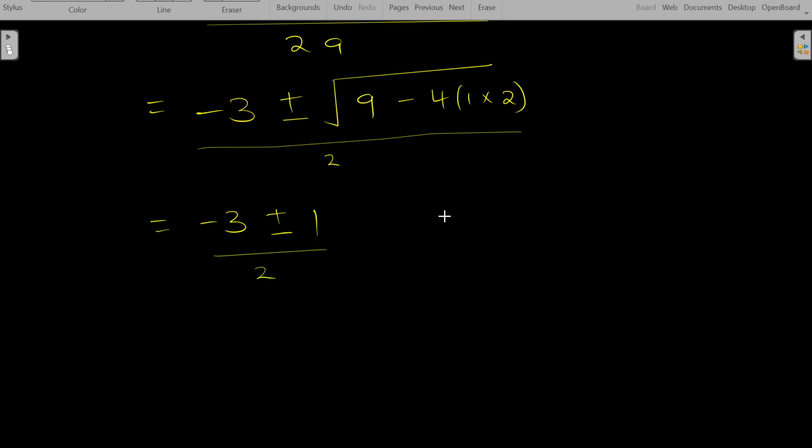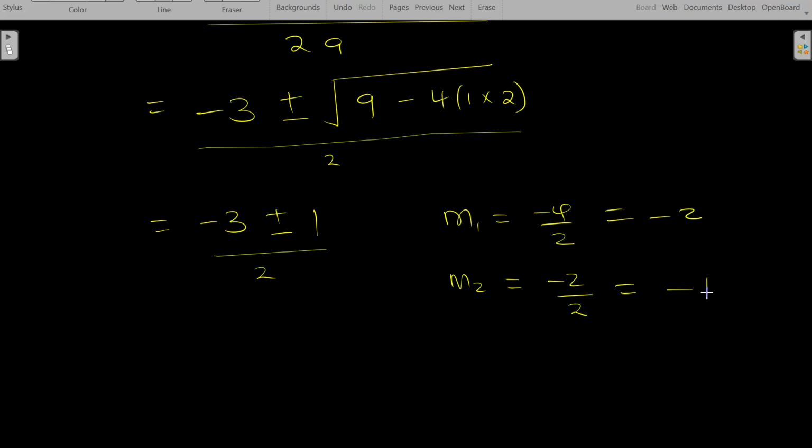So I get the two values of m: m1 is negative 4 divided by 2, and m2 is negative 2 divided by 2. If I simplify this, I get negative 2. If I simplify this, I get negative 1.